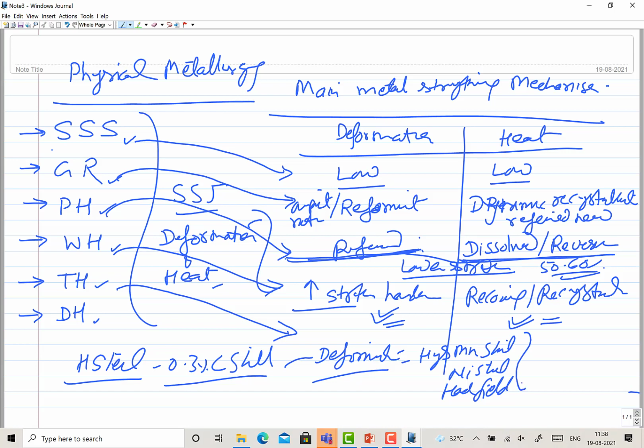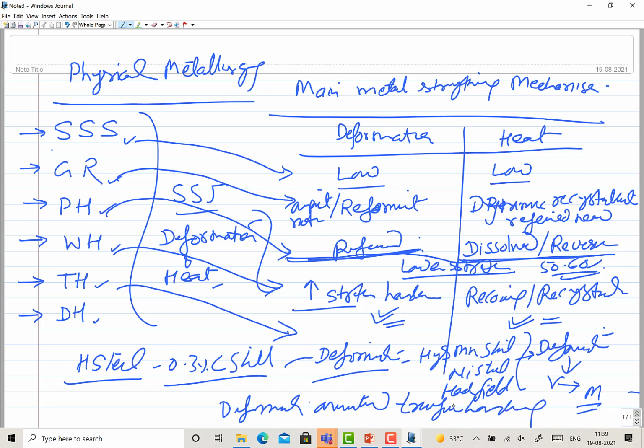Now, all these steels, when they are subjected to deformation, the austenite present in these steels transforms into martensite. So this transformation, even at a low temperature, is assisted by the deformation. So what we say, it is deformation assisted transformation hardening. This is very interesting.